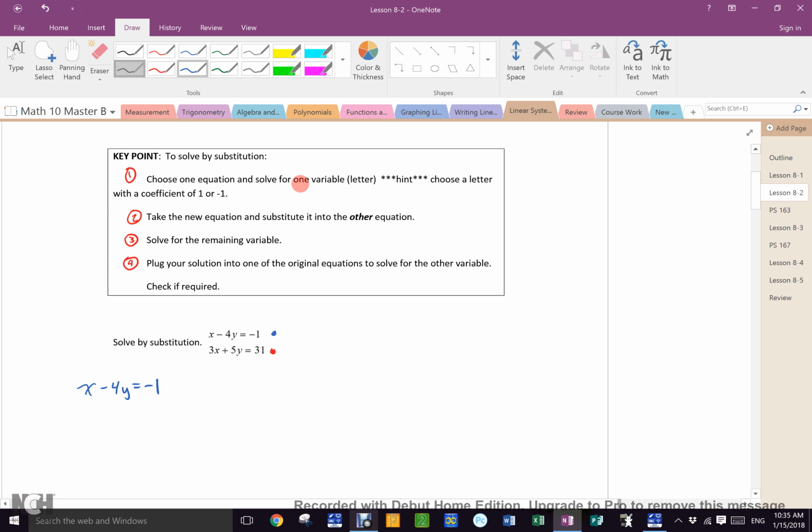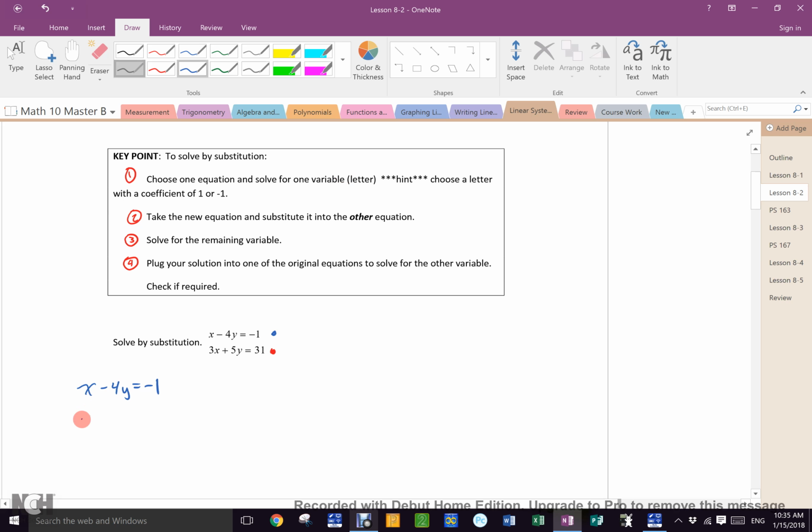And then it says solve for one letter. What does it mean to solve in an equation? It means get that letter isolated. What letter should we isolate here? X or Y? X. Why? Because it's already by itself, yes?